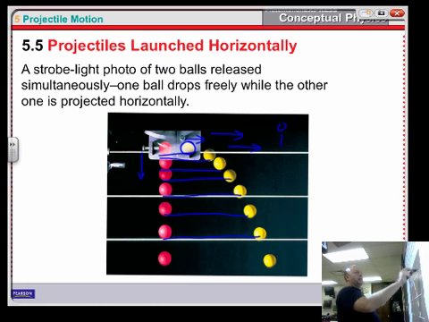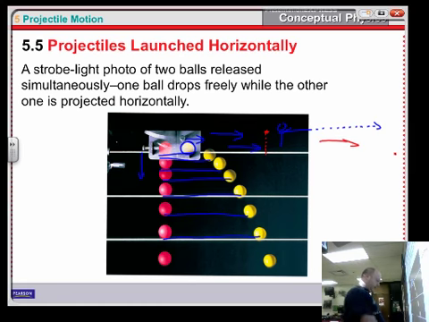So if you've got a gun and you're firing a bullet, and somebody else is standing right here and drops a bullet at the same time that you fire it, they're both going to hit the ground at the same time, even though this one might have gone a mile or however far it can go in that amount of time.